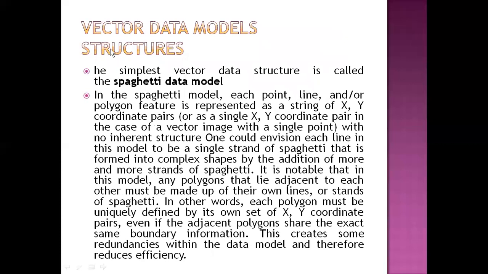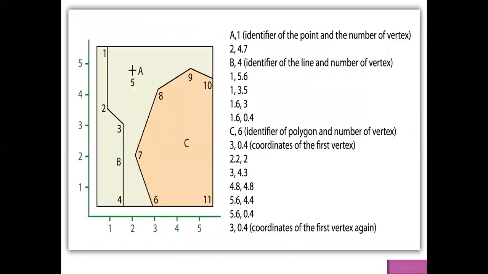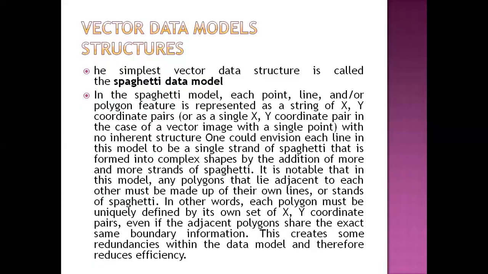Next, vector data model structures. The simplest vector data structure is called the spaghetti data model. In the spaghetti data model, each point, line, or polygon feature is represented as a string of xy coordinate pairs, or as a single xy coordinate pair in the case of a vector image with a single point.